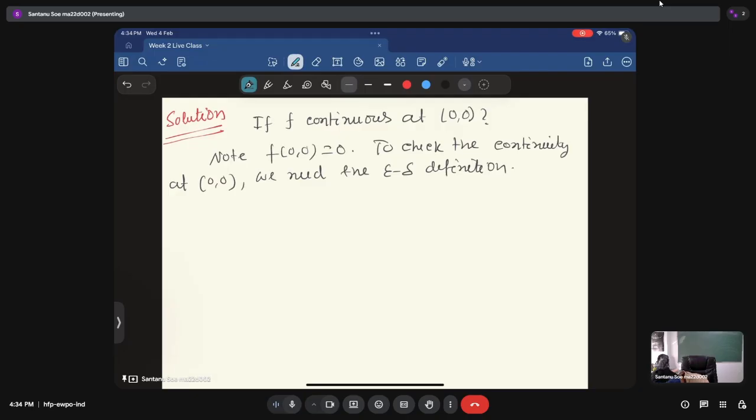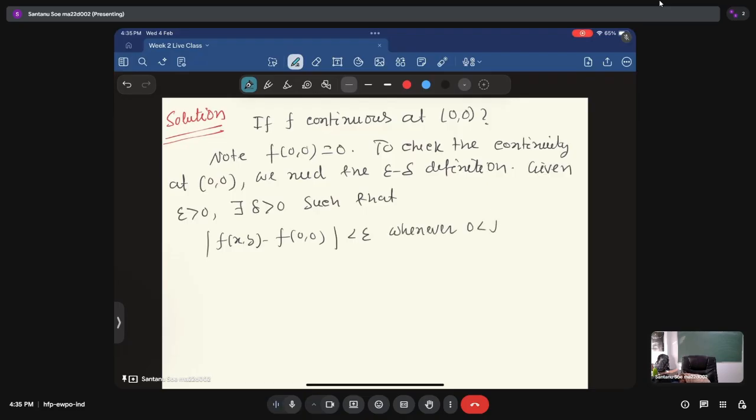So we have to show that given epsilon greater than 0, there is delta greater than 0, such that modulus of f of x y minus f of 0, 0 is less than epsilon whenever this holds.